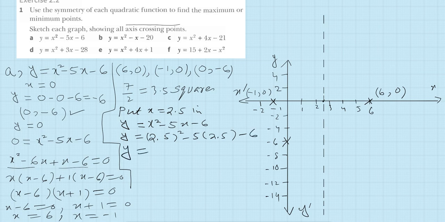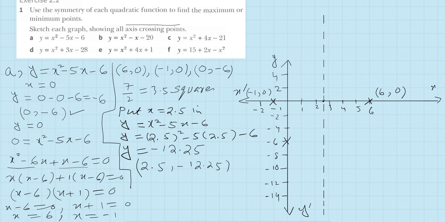If you calculate this with the help of a calculator, you will get minus 12.25. You can check. Okay, so the point is (2.5, minus 12.25). So this is the point which lies on the line of symmetry.